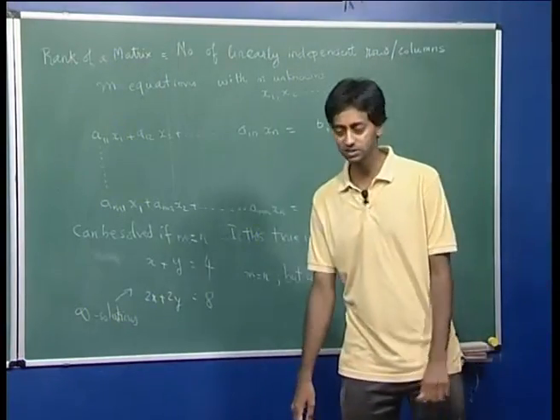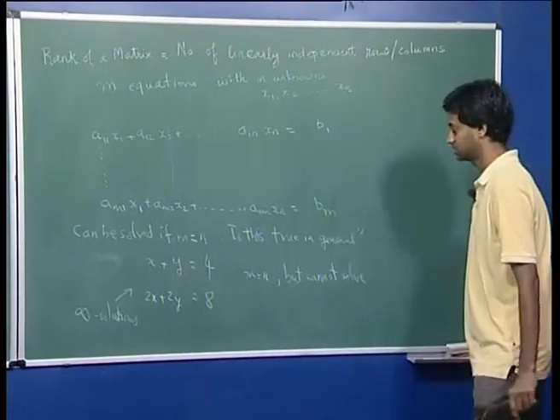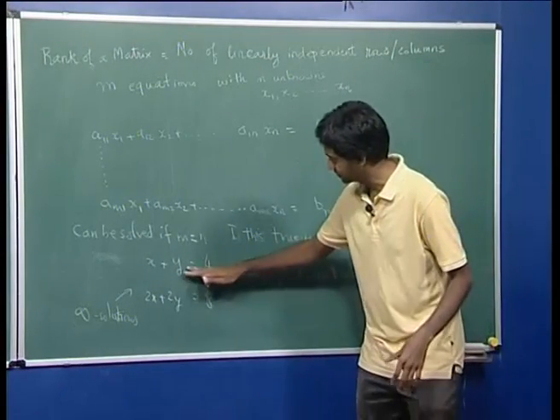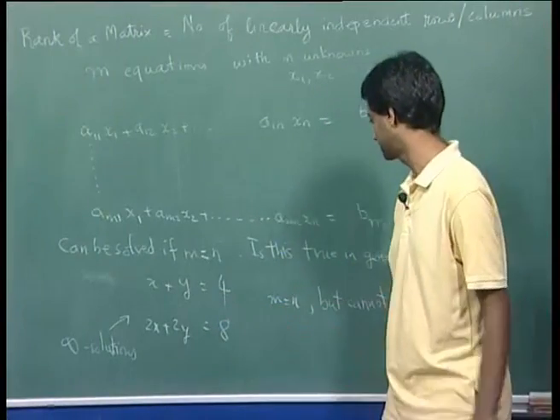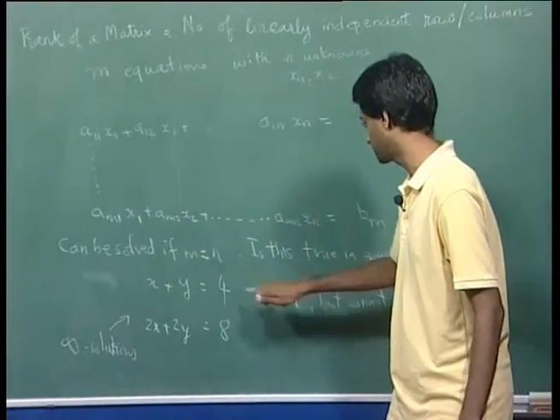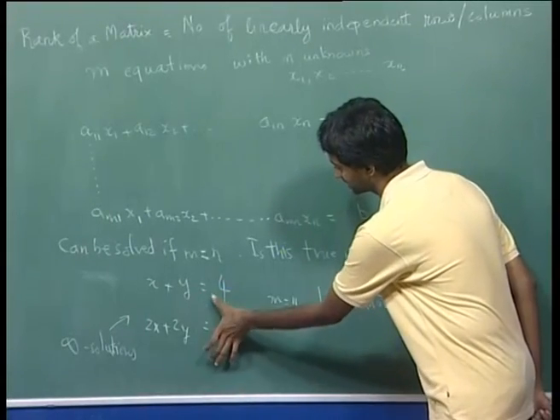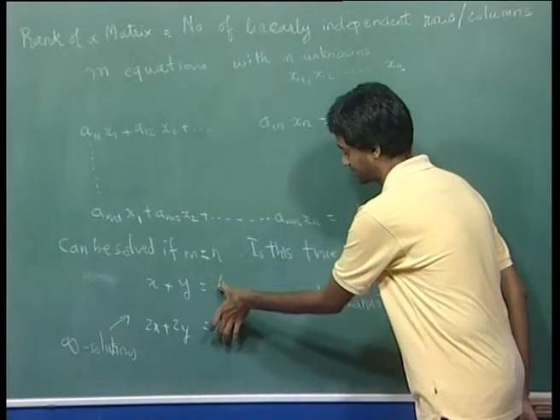And so this is where the rank of the matrix comes into play, and what we notice is that when you said that these two equations cannot be solved even though the number of equations and unknowns are the same, we notice that these two equations are completely linearly dependent. Okay.